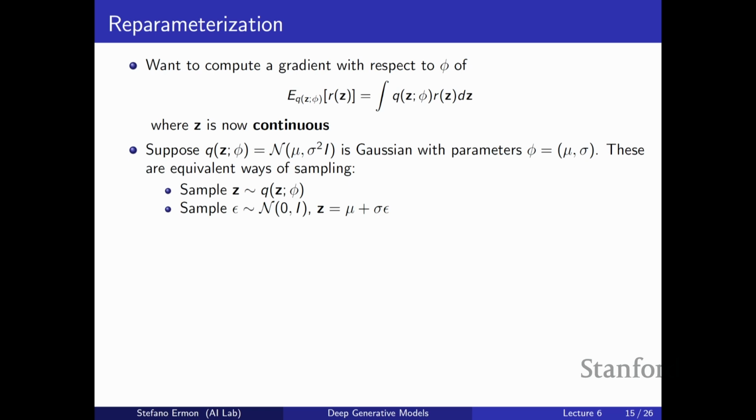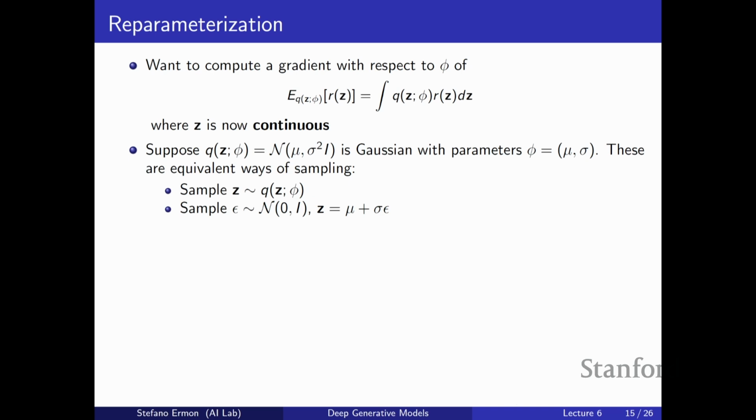Right? So if you want to sample from a Gaussian with mean mu and covariance sigma squared the identity, you could always achieve that by sampling from a standard normal with zero mean and identity covariance, shifting and rescaling.